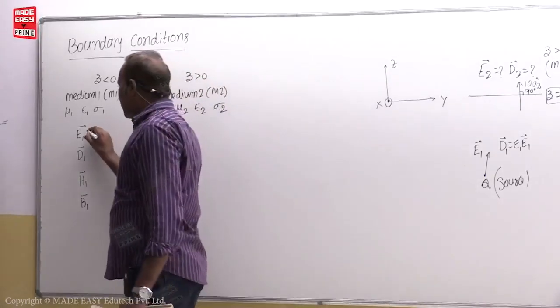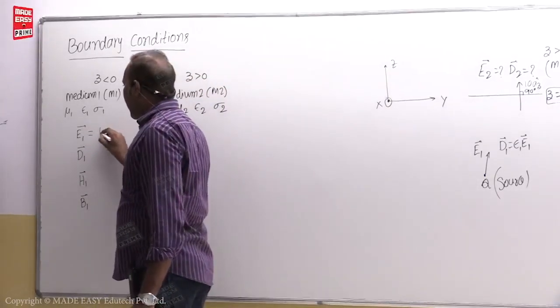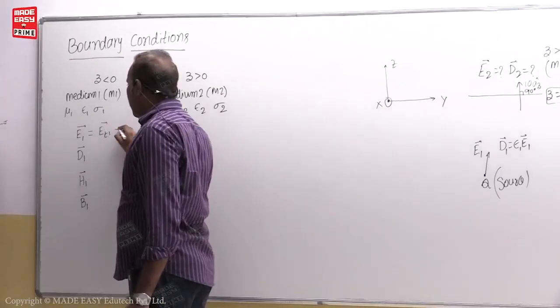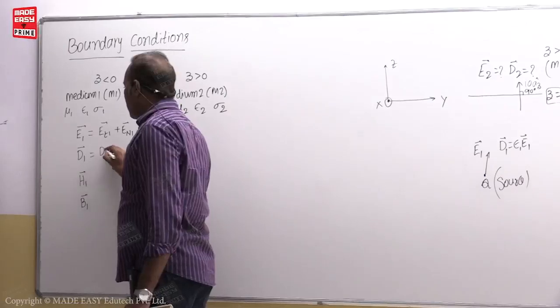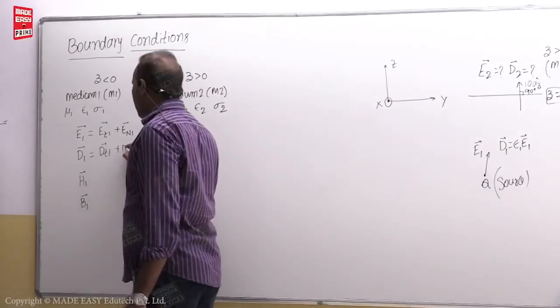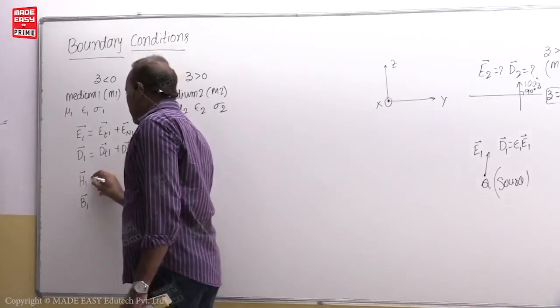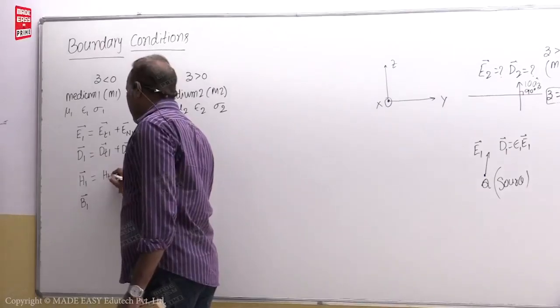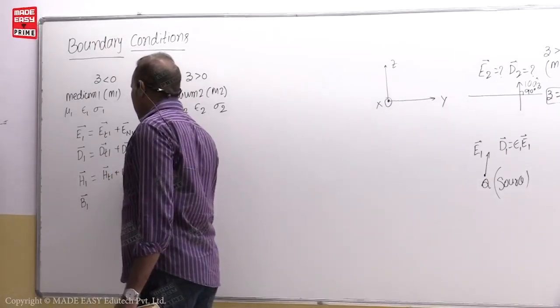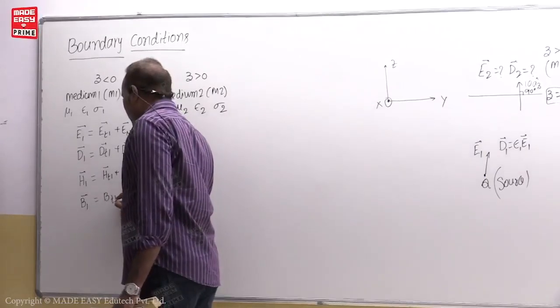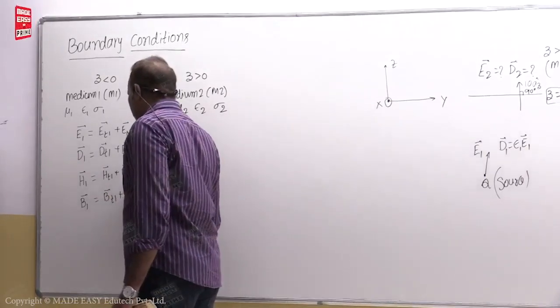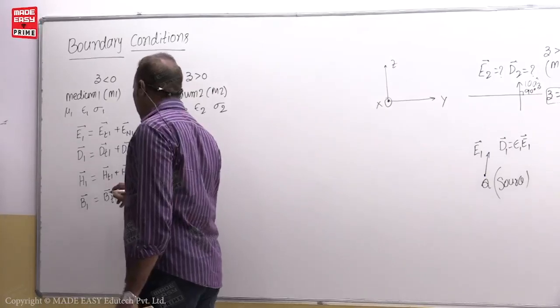Now what I was explaining, any vector has a tangential component and a normal component. Similarly, this one also: Dt1 bar, Dn1 bar. So this is Ht1 bar plus Hn1 bar. This is equal to Bt1 bar plus Bn1 bar.